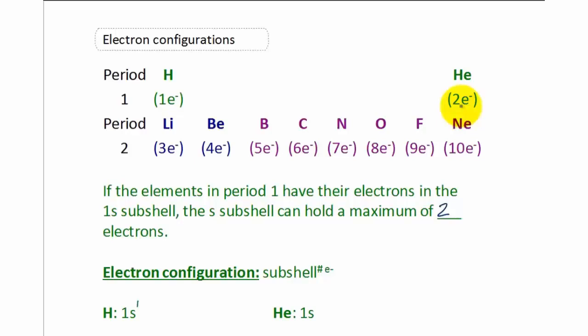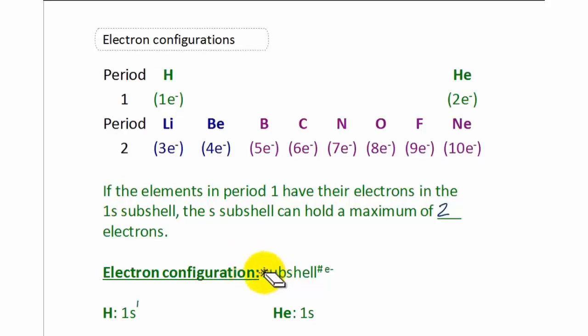So we can write an electron configuration, and all that is just saying where all of the electrons are. We're always going to start by listing the lowest energy subshells, and then how many electrons are in it, and then listing any additional subshells and so on, counting up until we've got all of the electrons accounted for.